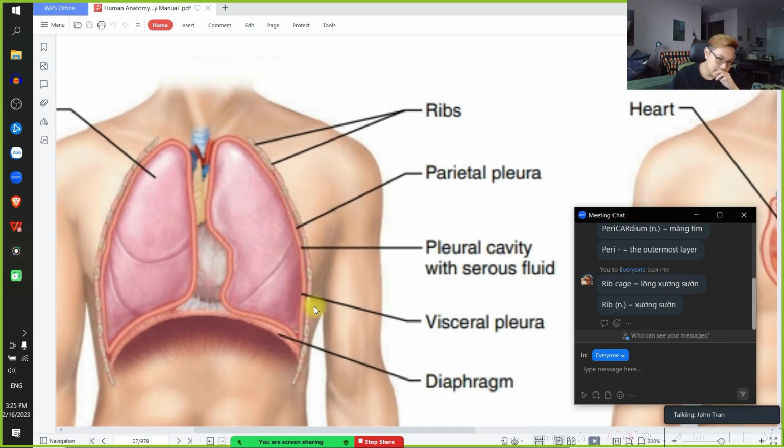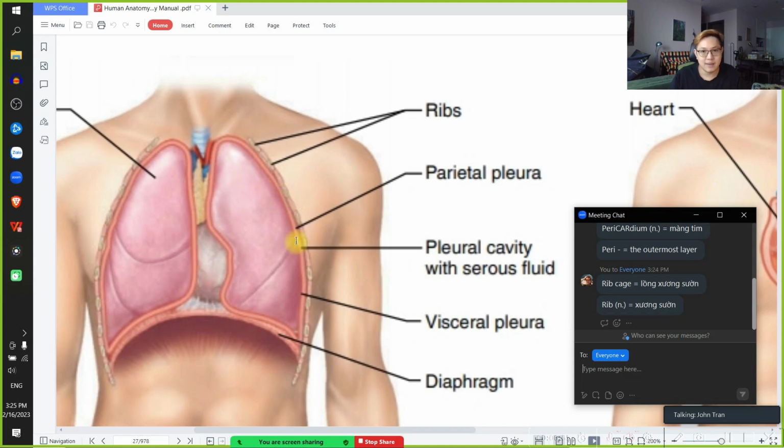Nó chia ra. So basically the outer layer we have parietal pleura. The middle one you have pleural cavity with serous fluids. And the innermost is a visceral pleura. Tức là bây giờ cái phổi nó có hai cái màng chính.